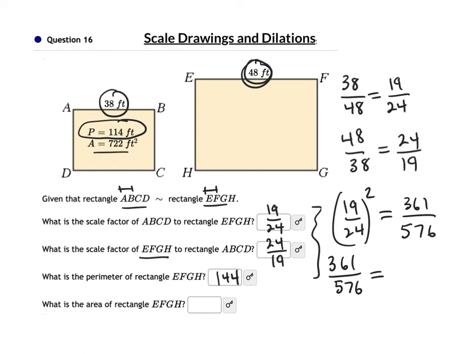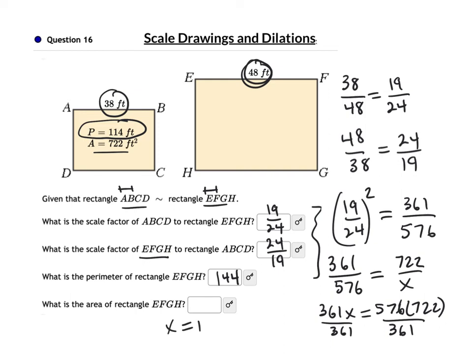We know the area of the smaller one is 722. Cross multiply and solve. 361x equals 576 times 722. And divide by 361. Run out of room here. And we get x is 1,152. The area is 1,152, and that would be feet squared.